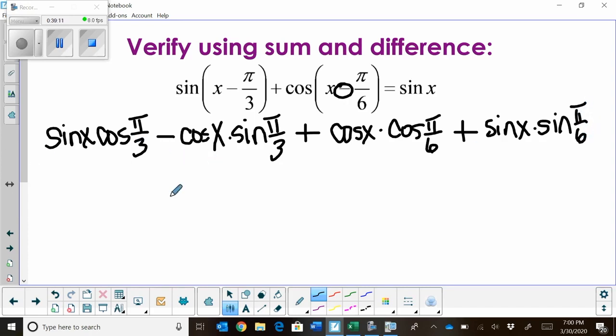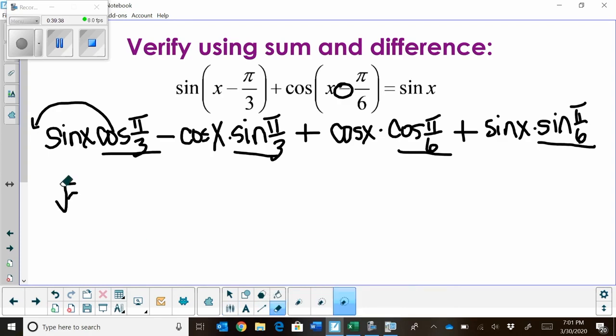Now, let's evaluate the ones we can. We know that cosine of pi thirds, sine of pi thirds, and then cosine of pi 6 and sine of pi 6, all those can be evaluated. So we're going to have a coefficient that's going to go in front of this. What is the cosine of pi thirds? Cosine of pi thirds is a half.